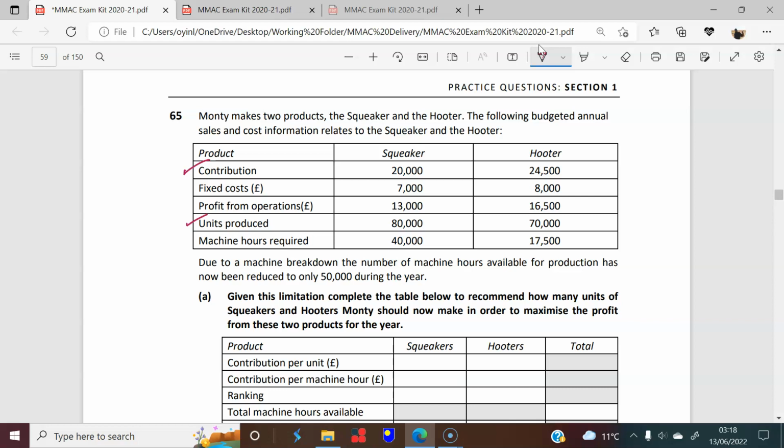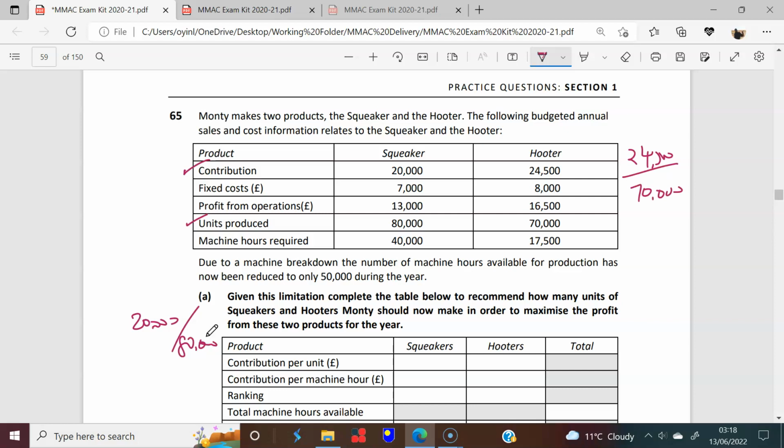And if we have the total number of hours required for this contribution, we can also find the contribution per machine hour. So the contribution per unit is the 20,000 divided by the 80,000, and here it is the 24,500 divided by the 70,000.